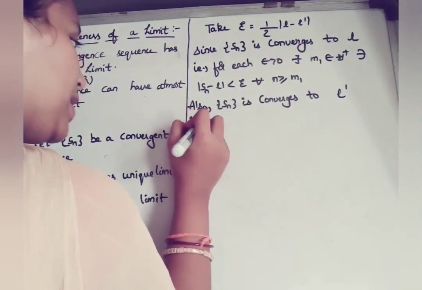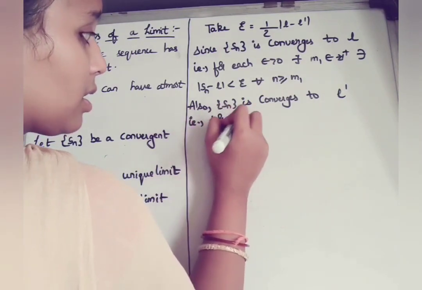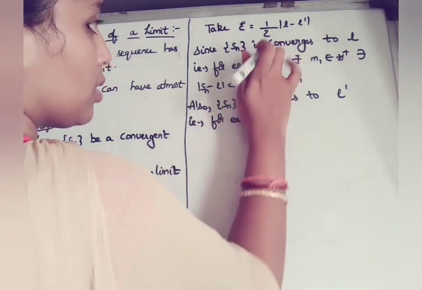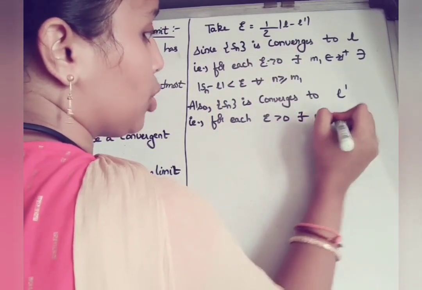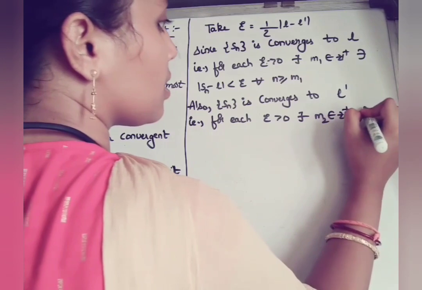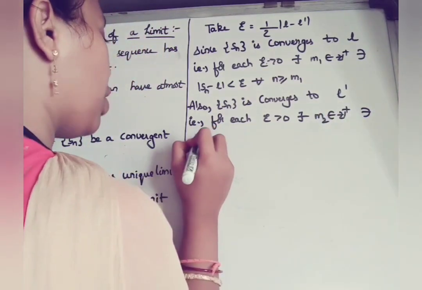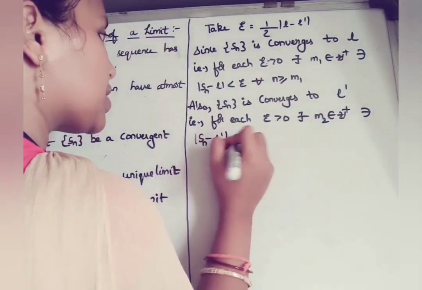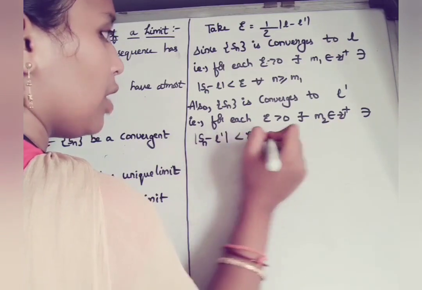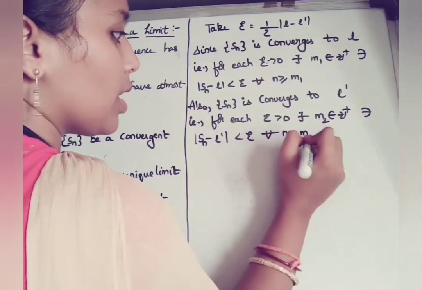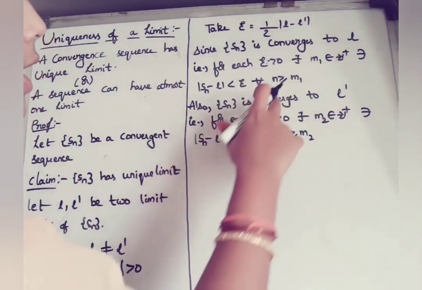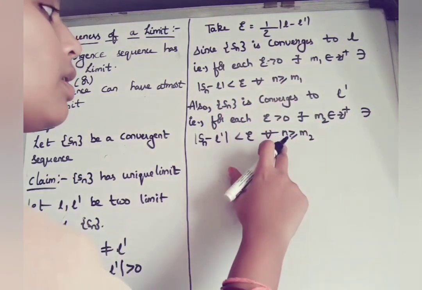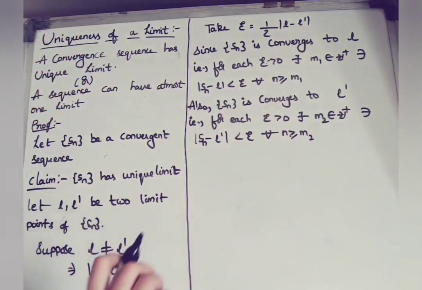So again, by the definition of convergent, for each epsilon greater than 0, there exists m2 belongs to Z plus such that mod Sn minus L dash less than epsilon for all n greater than or equal to m2. This is a condition by using convergent. Here n greater than or equal to m1, also n greater than or equal to m2.